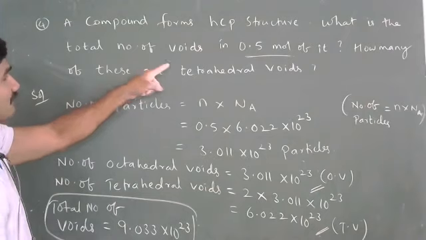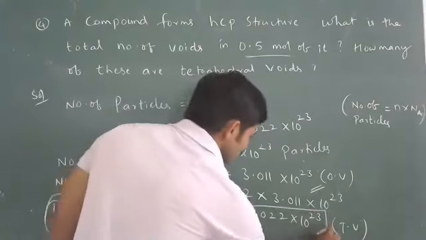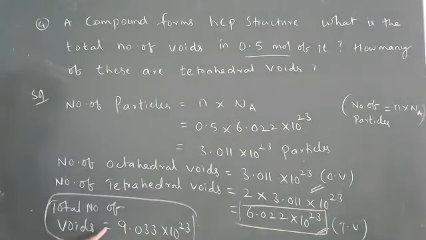They're asking number of total voids and number of tetrahedral voids. So this is one answer, this is another answer. This is total number of voids, this is number of tetrahedral voids. Understood?